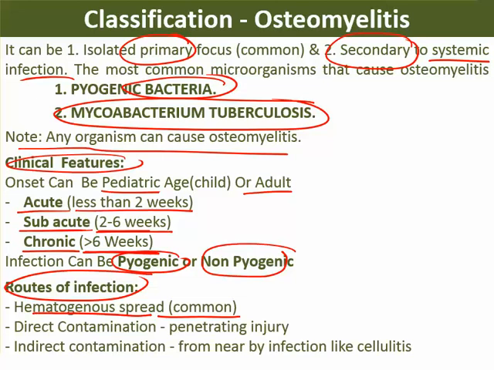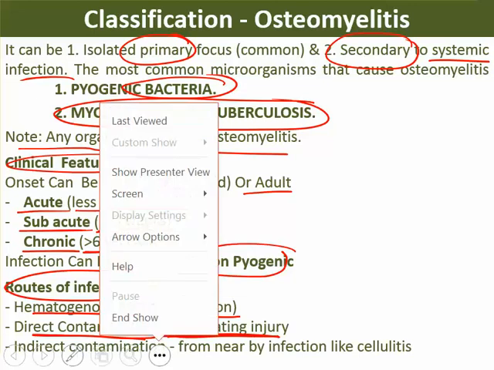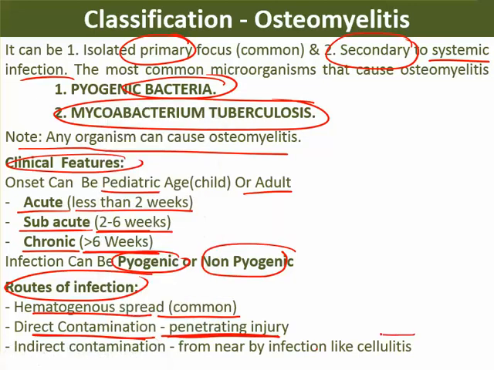Hematogenous means through blood. Or any trauma, a penetrating injury, can produce direct contamination in the bone. Indirect contamination means cellulitis, a subcutaneous infection seen in diabetic patients.